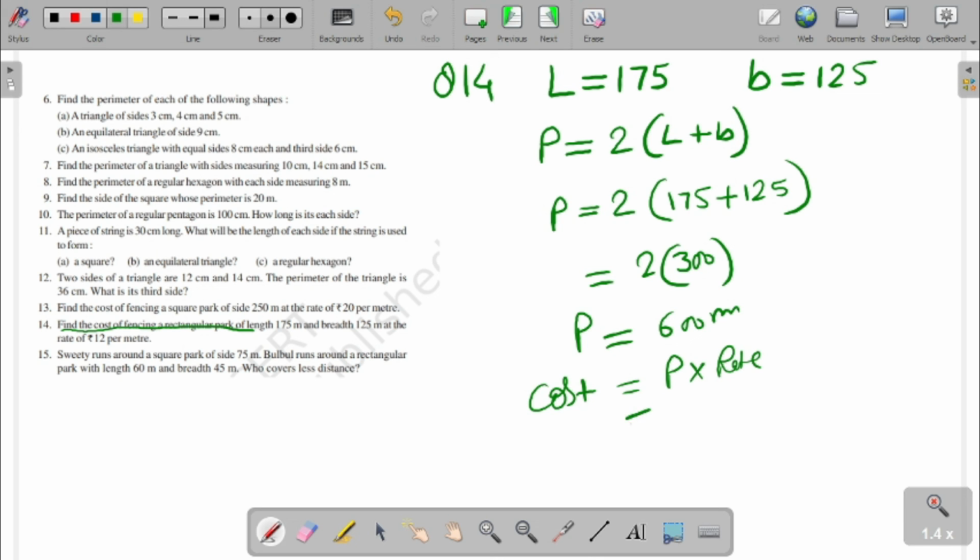So perimeter is 600 and rate is given as 12 rupees per meter. If you multiply, it will come as 7200 rupees. This is question number 14. Now we come to question number 15.